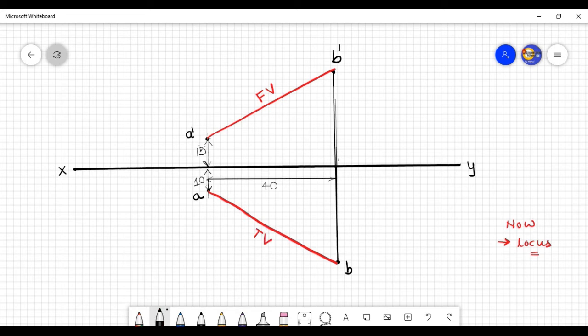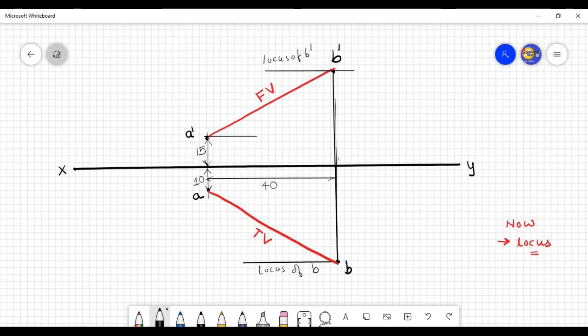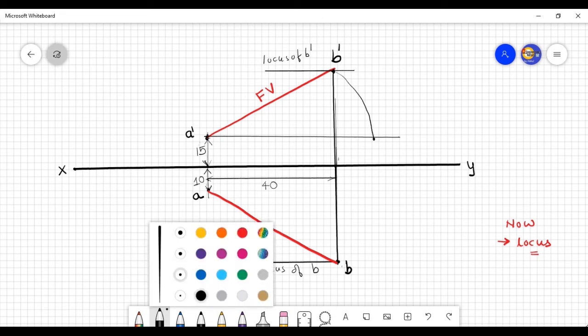So let's locate the locus points, and with the help of the locus we will get the true length and true inclinations. One locus will pass from B dash, and another locus will pass from B. This is the locus of B dash, and this one is the locus of B. Now let's consider A dash B dash as a radius and take an arc.